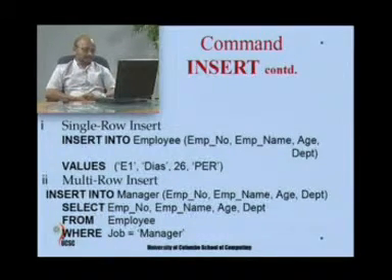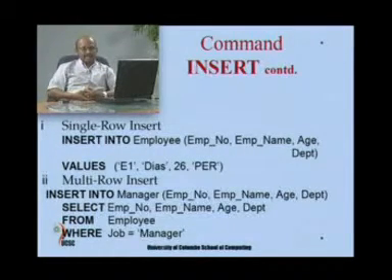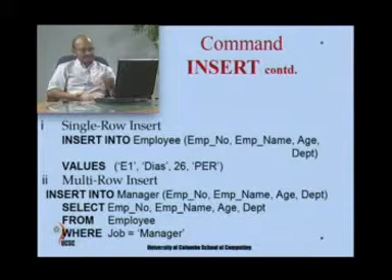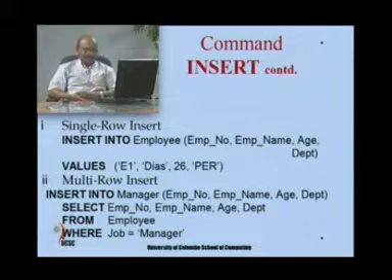In this particular case, in order to enter one row at a time, we will use insert into with values, and here we are entering 4 values: E1, DIAS, 26 and PER. These 4 values will match the 4 column names given in the same order soon after employee.